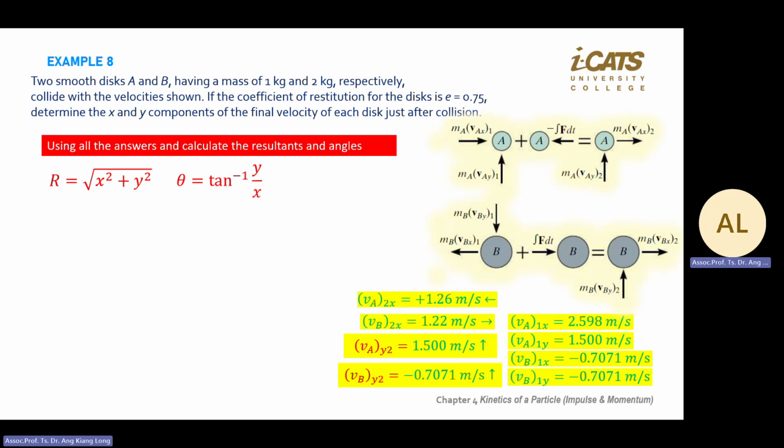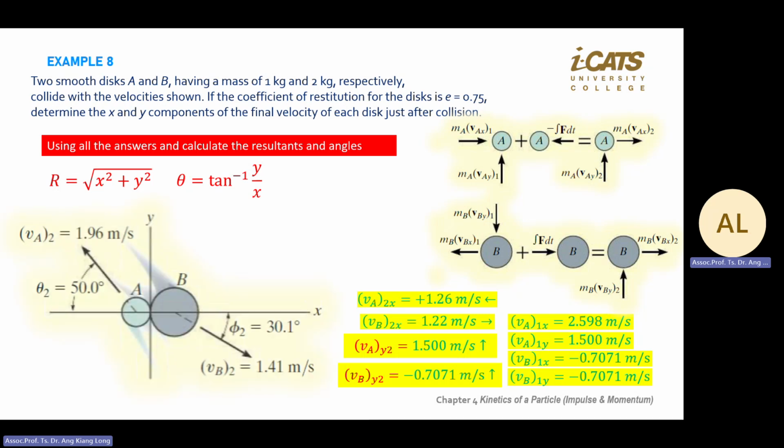The angle is the inverse tangent of y over x. Okay, you will get this final answer. This involves trigonometry. I skip a lot of steps here, but basically we are calling out the resultant and trigonometry.